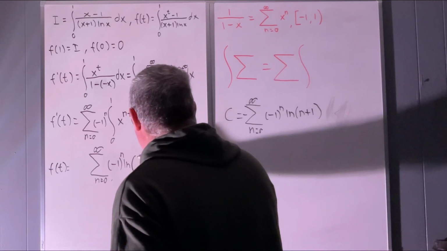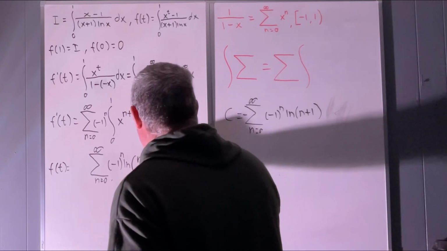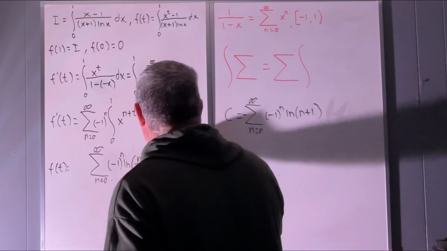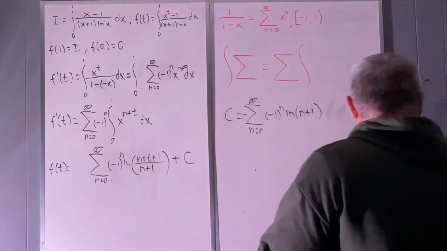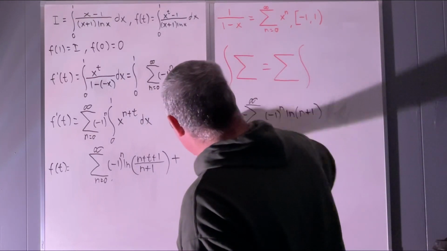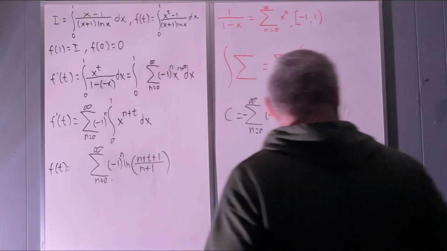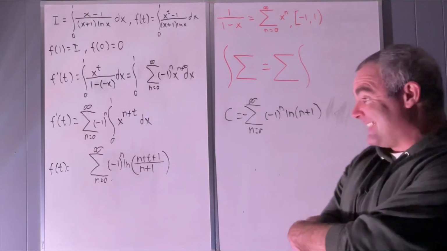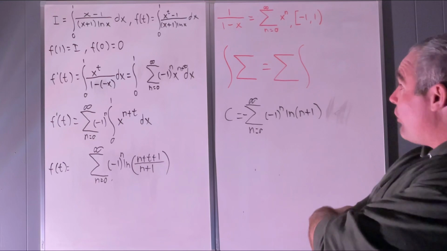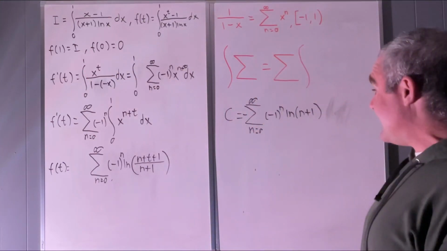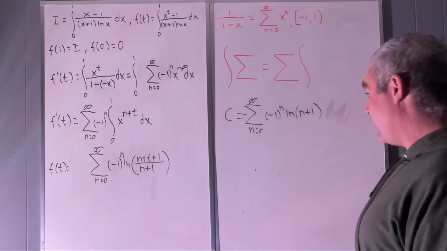So that's going to be n plus t plus 1 over n plus 1. We don't need that c anymore because we've already accounted for it. There we go. We have a function expressed as a sum that all we need to do is plug in 1 for our t and we will get our answer.